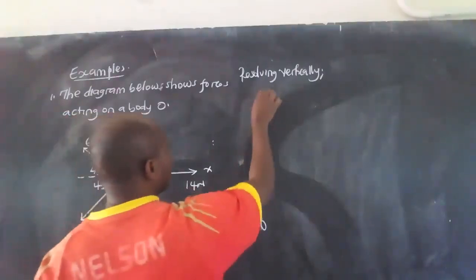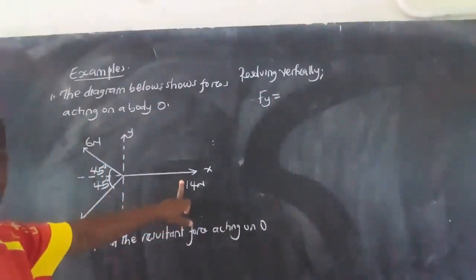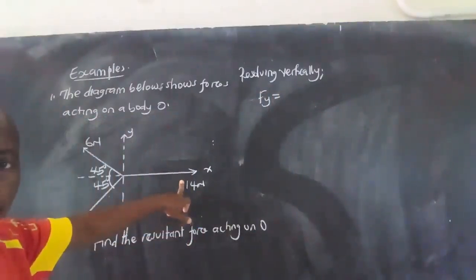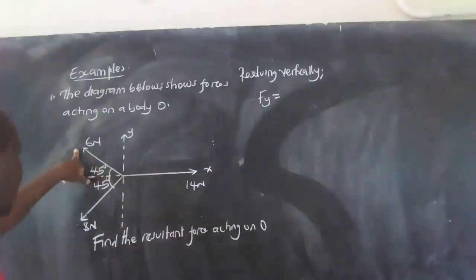So we shall say that Fy is equal to. Now, this 14 has no vertical component. It is acting in the horizontal, therefore it has no vertical component. This 6 has a vertical component.